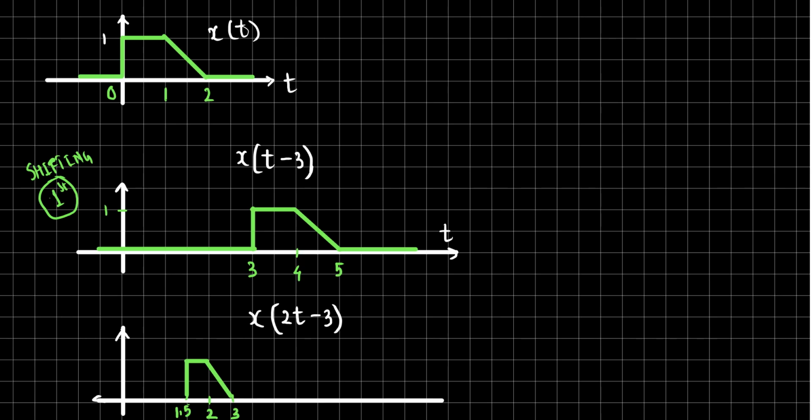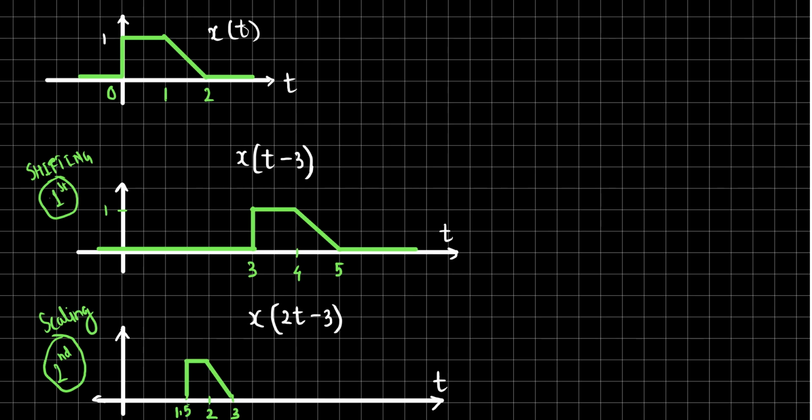This axis again being t. So what is this signal? The signal is being obtained by scaling. The second step is scaling.